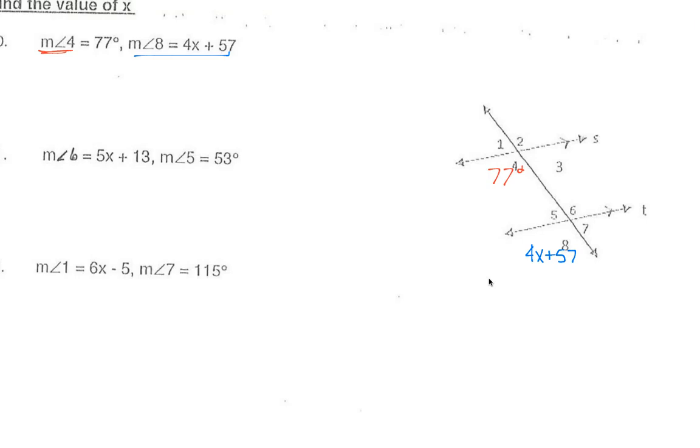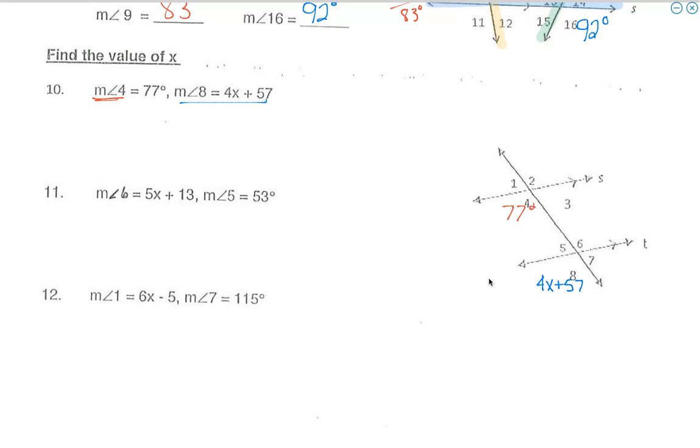So if we're solving for x, we know we have to create an equation. So that equation is going to either be one of two things. They're either going to equal each other because the angles that they identified are congruent, or the angles are supplementary, meaning they should add up to 180.